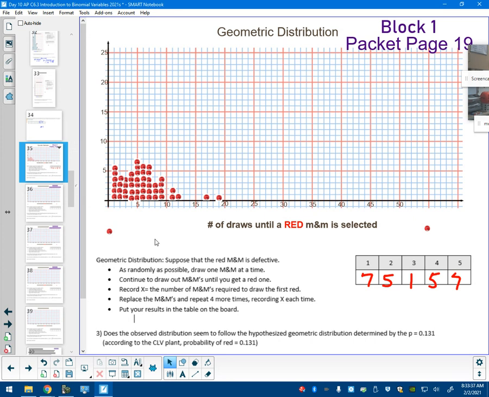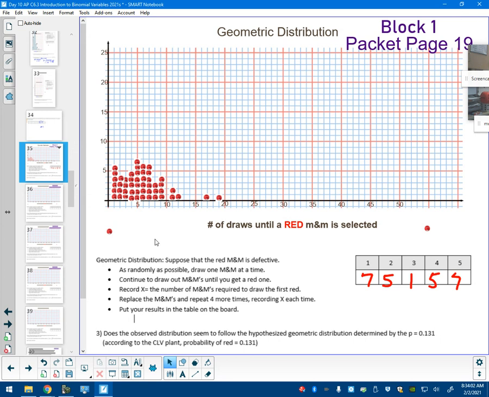All right. So on your graph, make the bar of ones go all the way up to 6. The 2s and the 3s go up to 4. The 4s go up to 5.